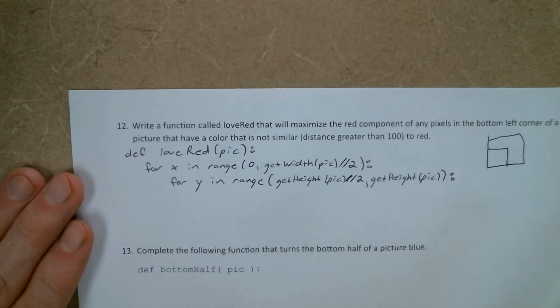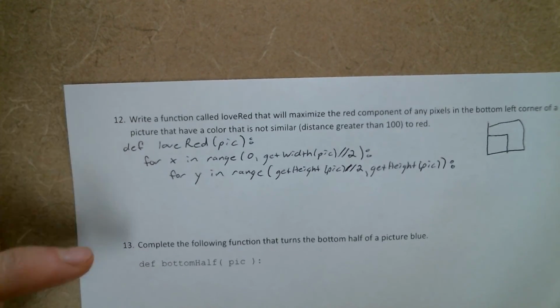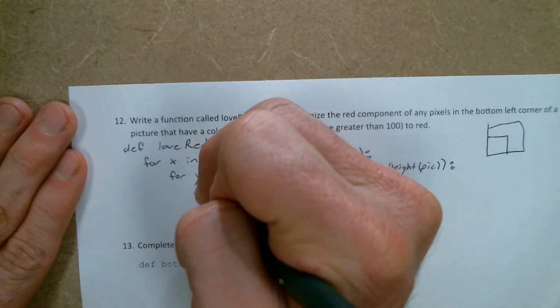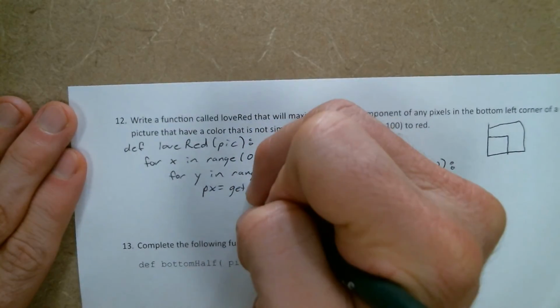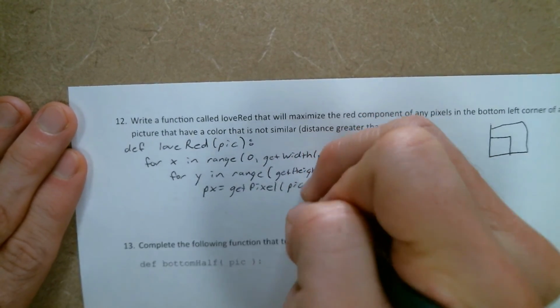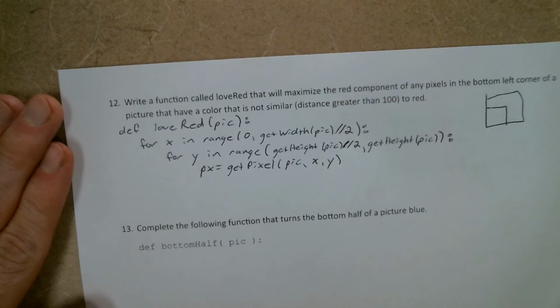Now my loops are set up. These loops are giving me coordinates, not pixels, so I have to retrieve the pixel. I'll say px equals getPixel from pick at the coordinates x, y. That retrieves the pixel.